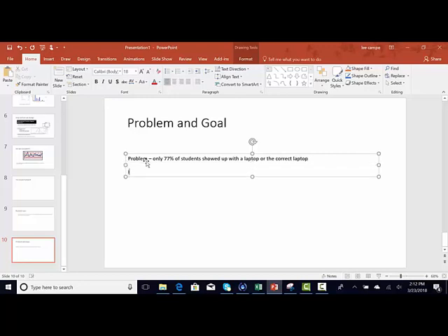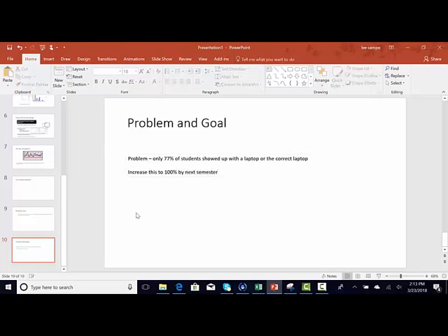And I'm going to try to increase this to 100% by next semester. All right, this is a case, you'll see later, a 70% rule I've created. This is a case where we don't really have an entitlement at all. I'm pretending this is the first class and we've never done this before.